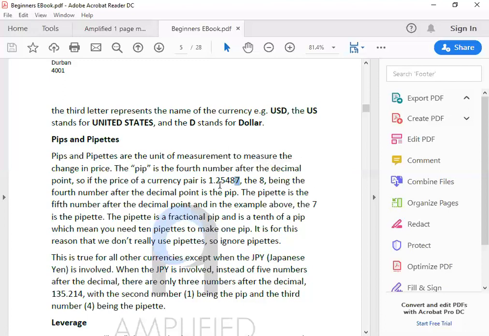In this instance there are only 3 numbers after the decimal point, so it would be 125.48. So instead of 5 numbers after the decimal point, there are only 3, with the second number being the pip, and the third number being the pipette.